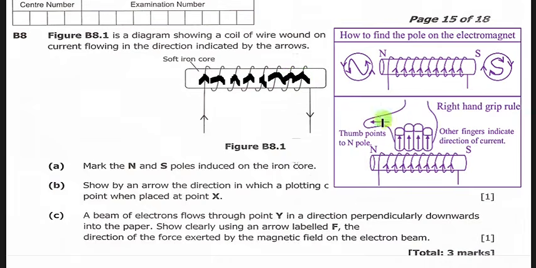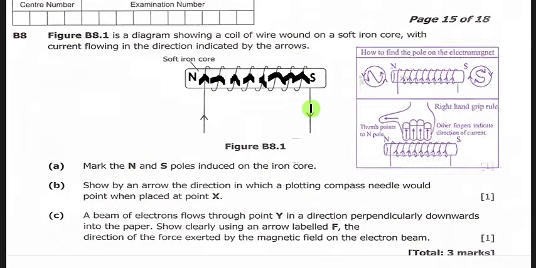If this hand is brought here to face that way, then this way it will be north and this way south. So we are saying this way it will be north, this way it will be south. So we mark the N and S poles induced on the iron core. We have marked N this side, S this side.